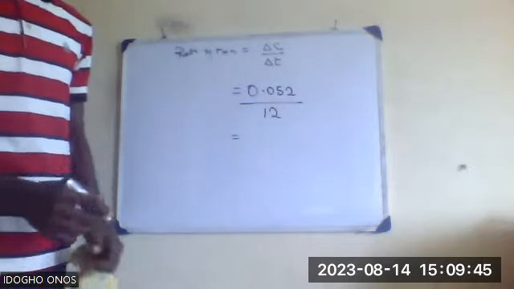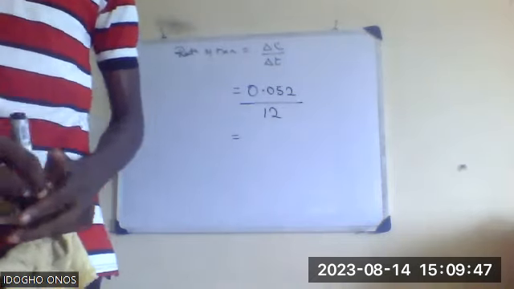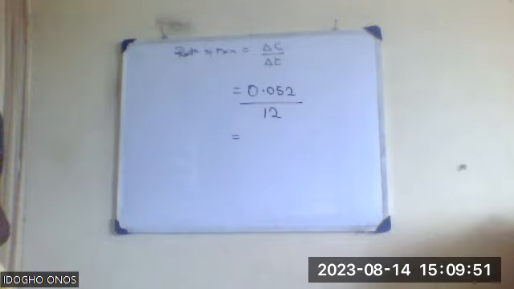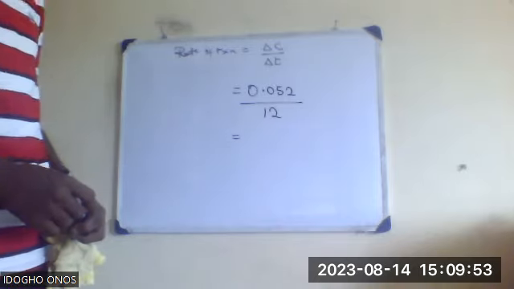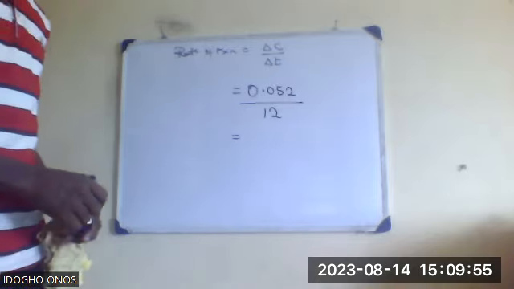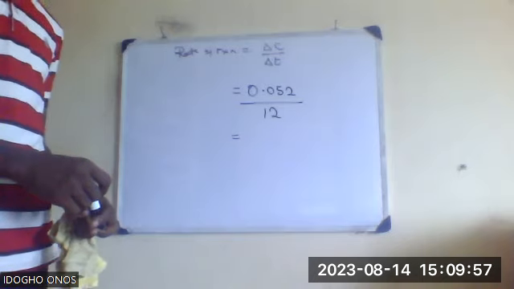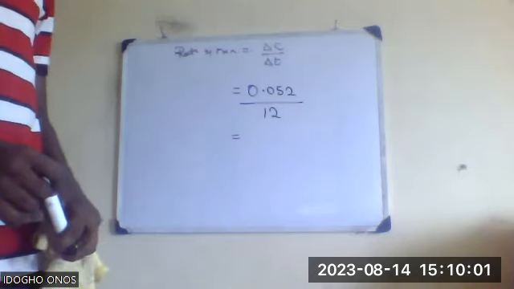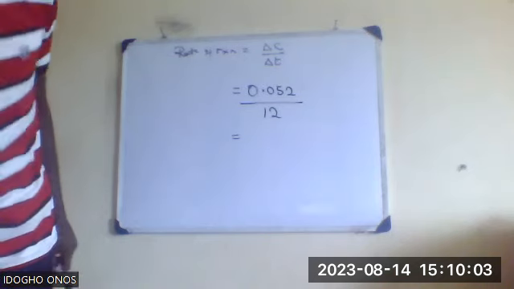Divide this, someone help us out. What do we have? We have 0.004.